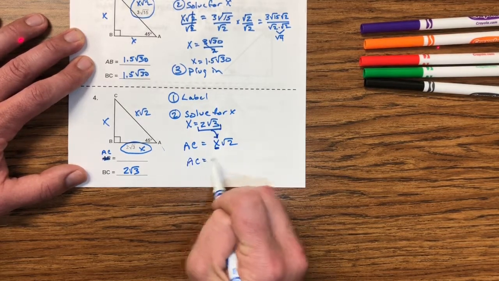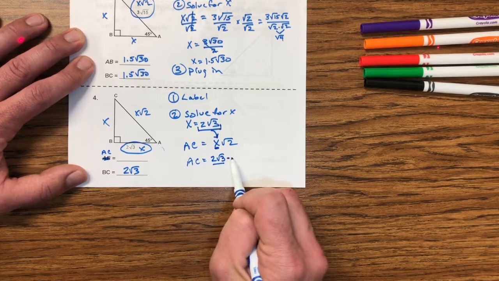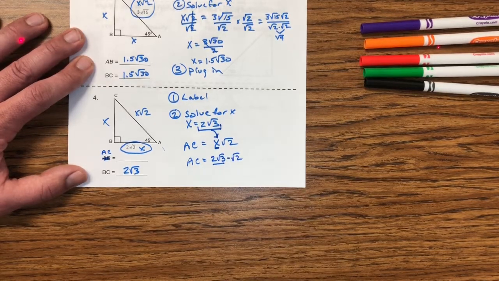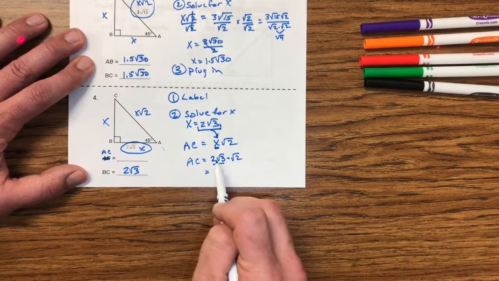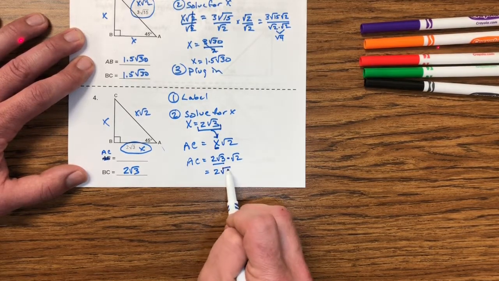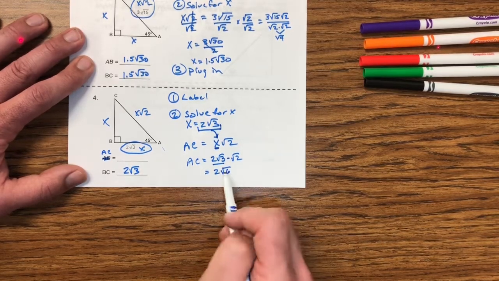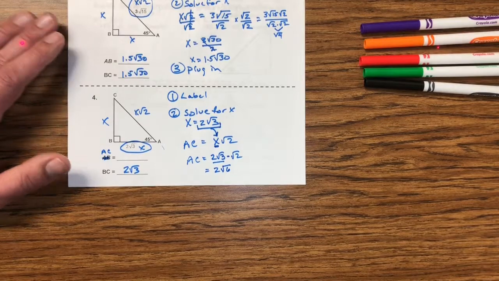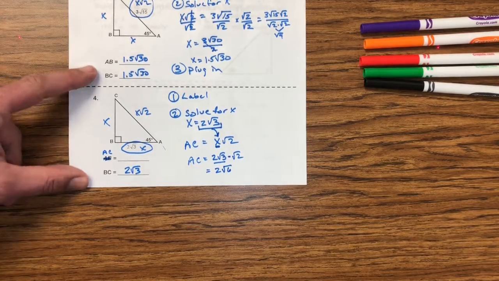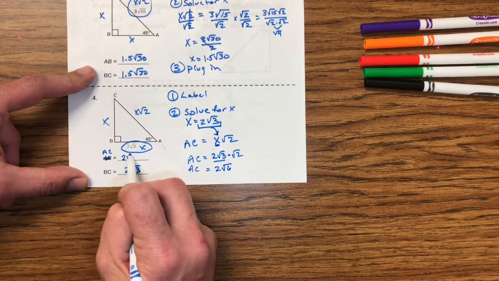So AC will actually equal 2 square root of 3, that's the x part, times the square root of 2. Mathematically, I can multiply these square roots together. 3 times 2 is 6, so I have 2 square root of 6. We can't take the square root of 6, and it doesn't simplify, so we'll leave our answer for A to C as 2 square root of 6.